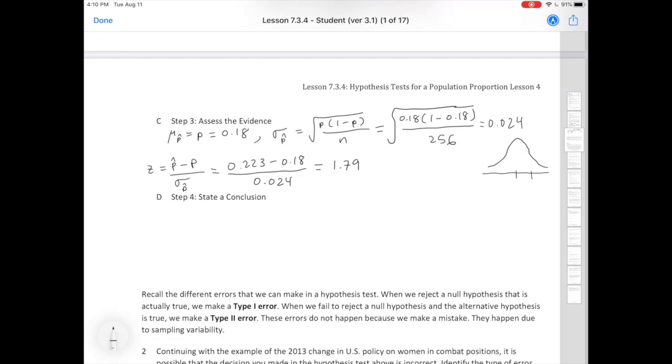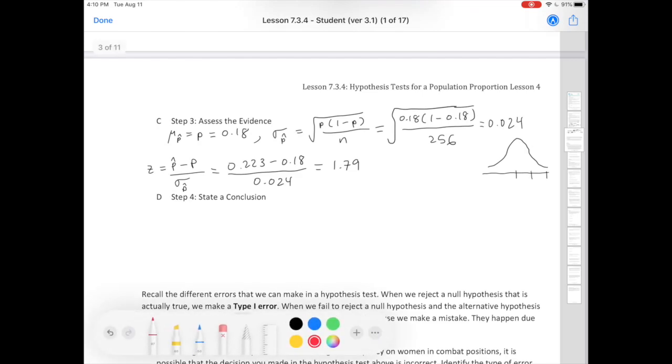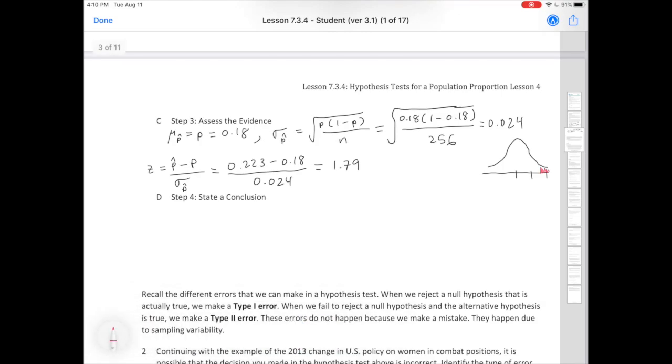If this is 1 and 2 standard deviations, then that means that what we're doing is we're trying to find the area between 1 and 2, something like that, right? This would be 1.79. Right? Because if this is 0, 1, and 2, then 1.79 would be kind of closer to 2. I guess I kind of didn't draw it far enough to the right, but that's what we get.